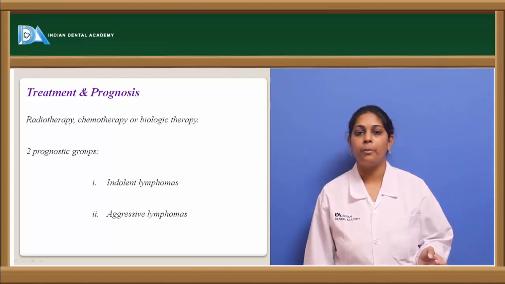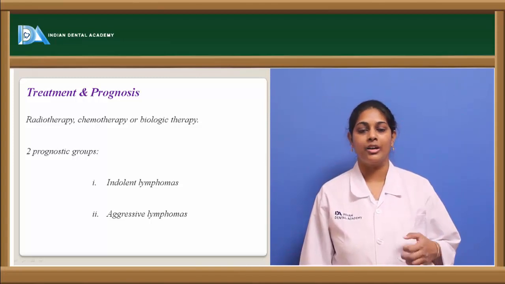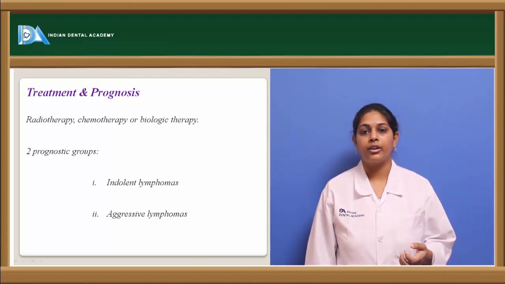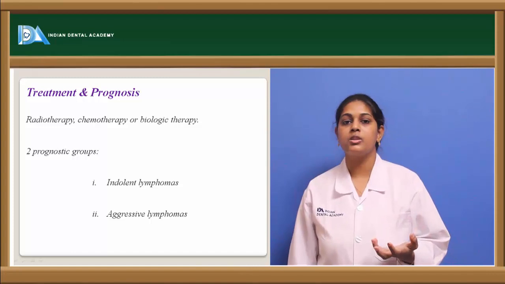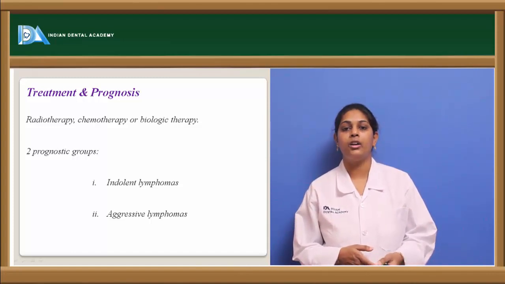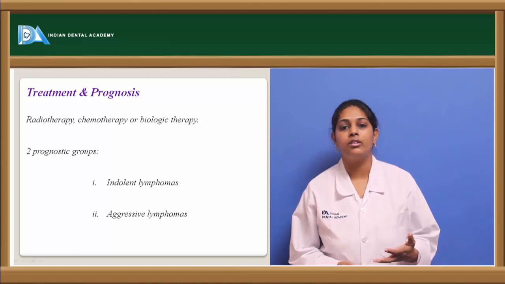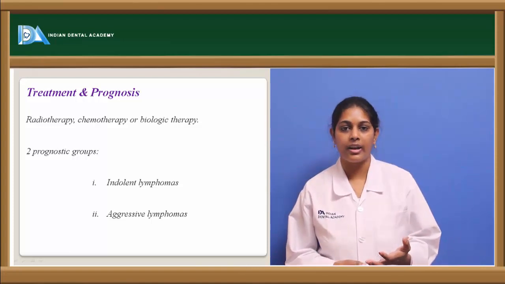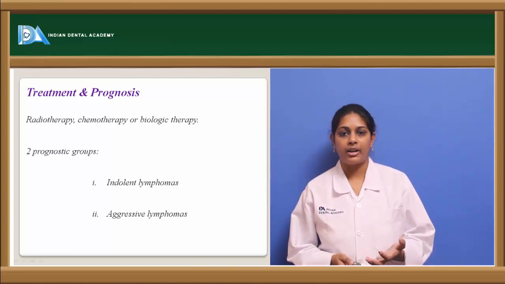Indolent lymphomas show better prognosis because of their indolent nature, while aggressive lymphomas have a poor prognosis since they have more property to spread, and in very rare percentages they might show metastasis of these neoplastic proliferations.